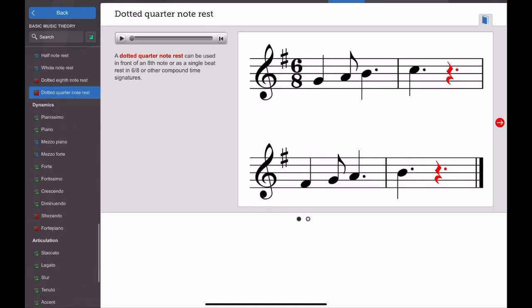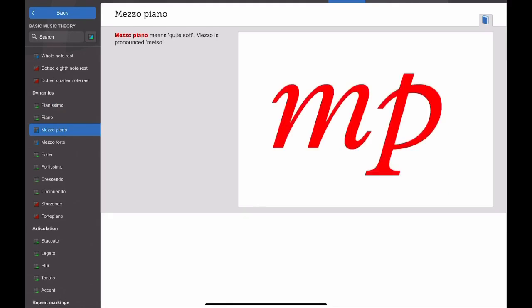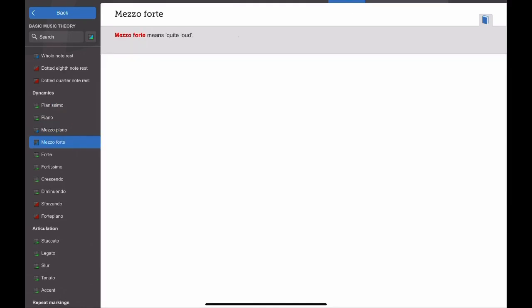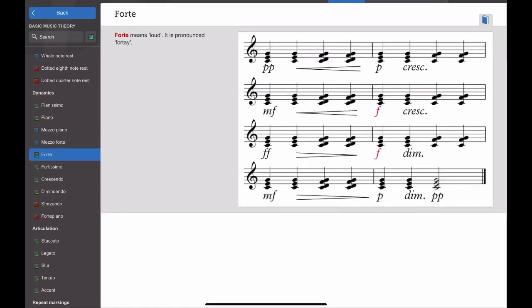Here we're gonna go over dynamics really quickly. You know, pianissimo is very, very soft. Mezzo piano is medium soft. Mezzo forte is medium loud. And forte is loud.